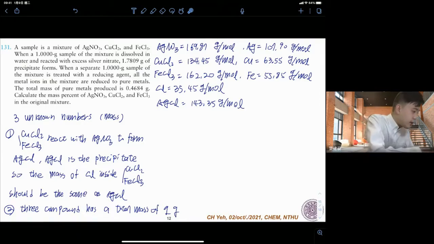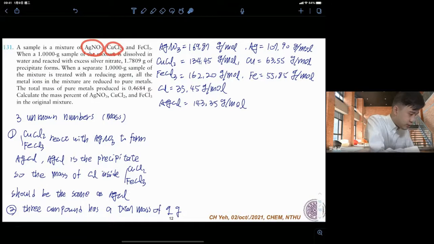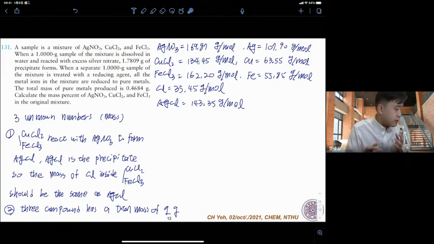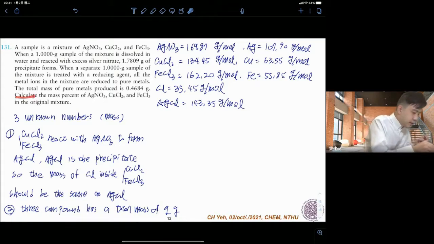We reduce it to form pure metal, and we weigh the metal. 我们去称这个金属的重量, and we find that the total mass of the pure metals is 0.4684. Calculate the mass percent of the silver nitrate, the copper chloride and the iron chloride in the original mixture.